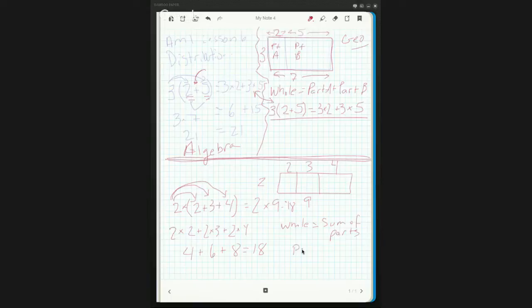And that proves distribution. So again, the key takeaway is the whole is the sum of the parts. So we use geometry to prove distribution by looking at the whole and the sum of the parts.